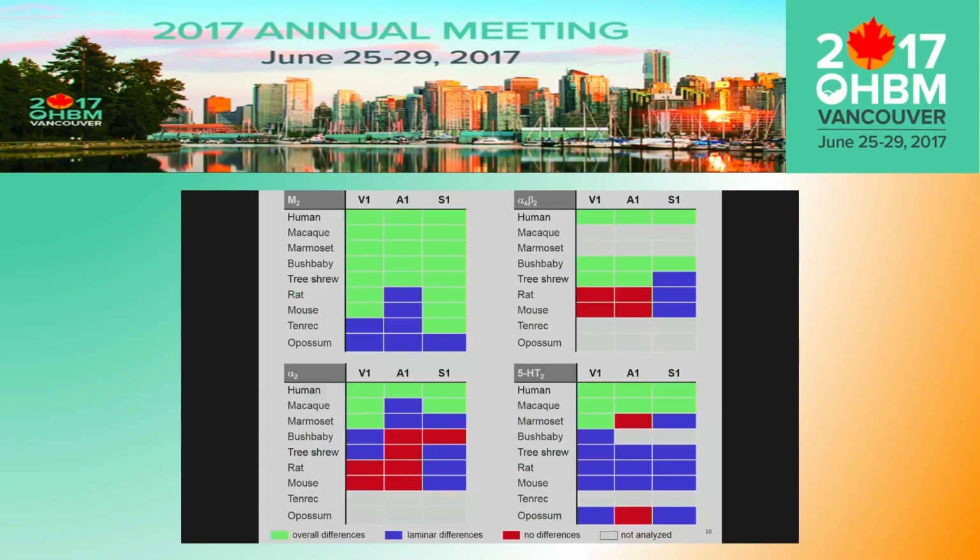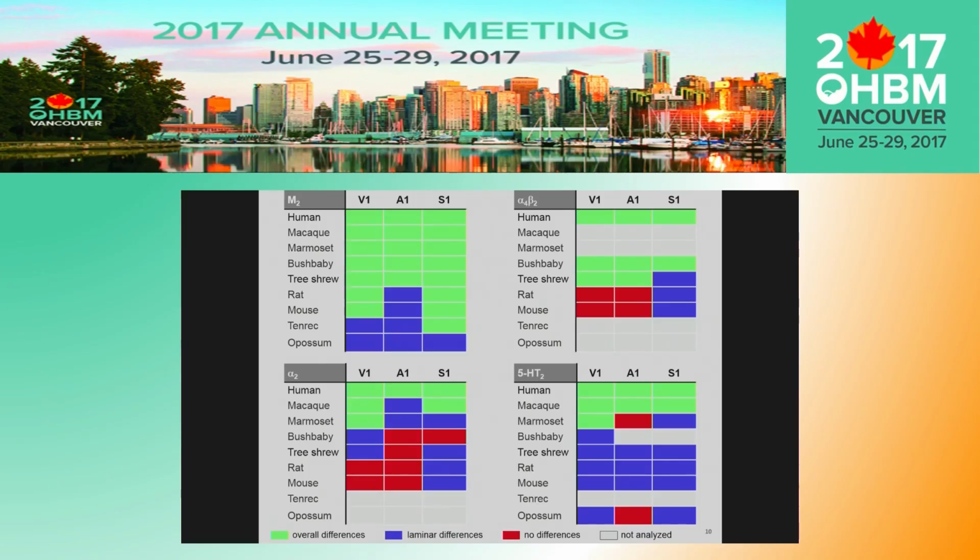So again, summarizing results and concentrating on the 4 receptor types, which in the human brain were all significantly different in the primary somatosensory cortex, primary visual cortex, and primary auditory cortex than in the other areas, we can see that the only receptor type which across evolution remains a standard as a marker for all 3 sensory areas is the muscarinic M2 receptor.